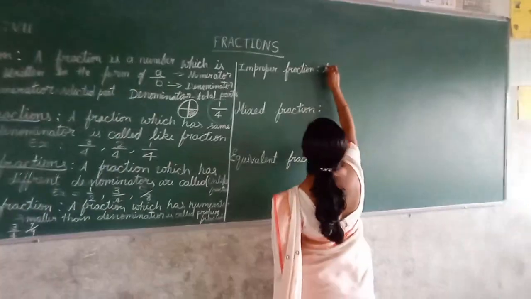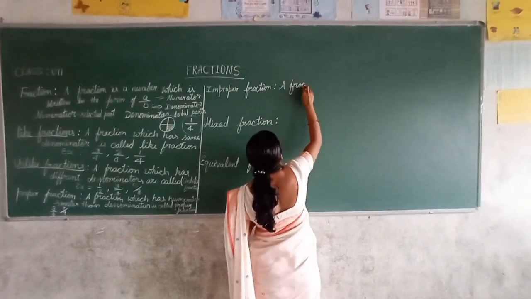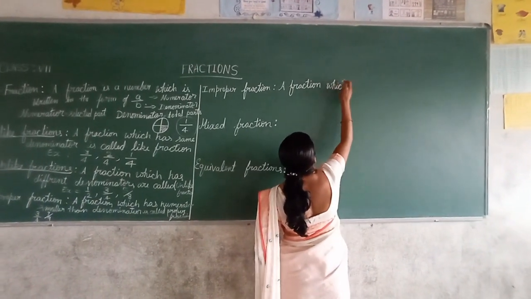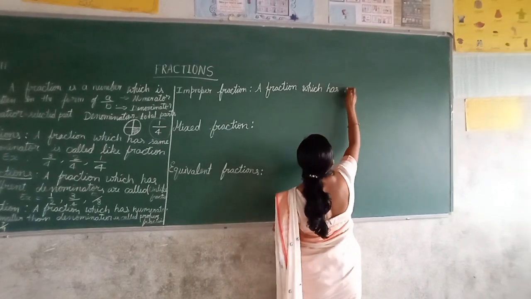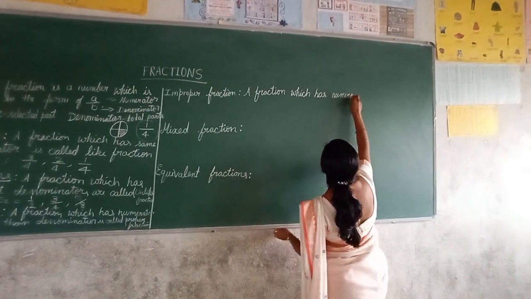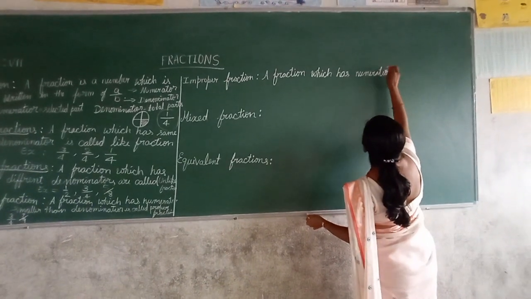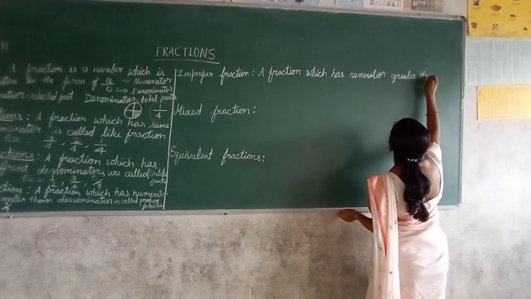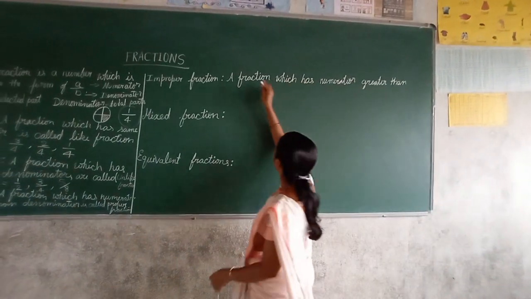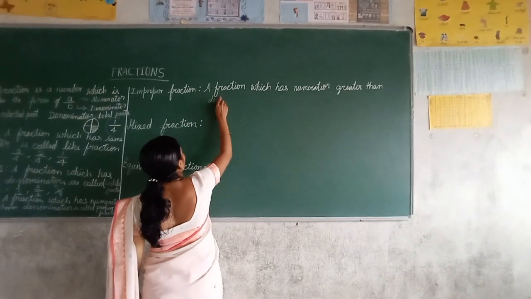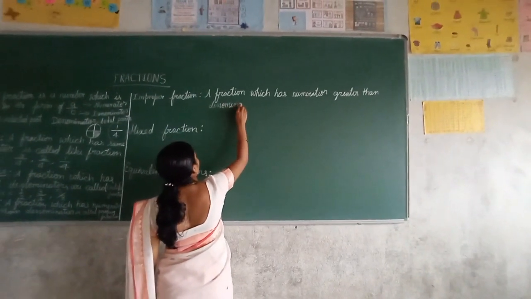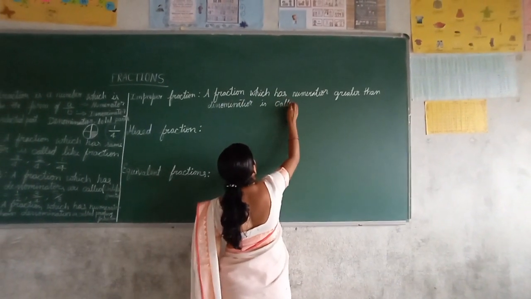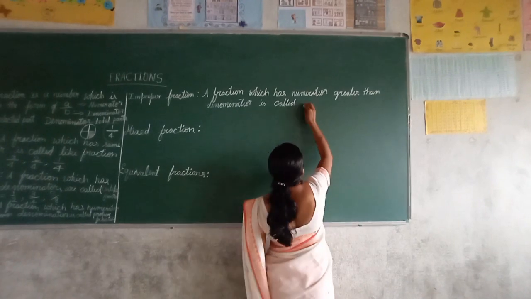A fraction which has a numerator greater than the denominator is called an improper fraction.